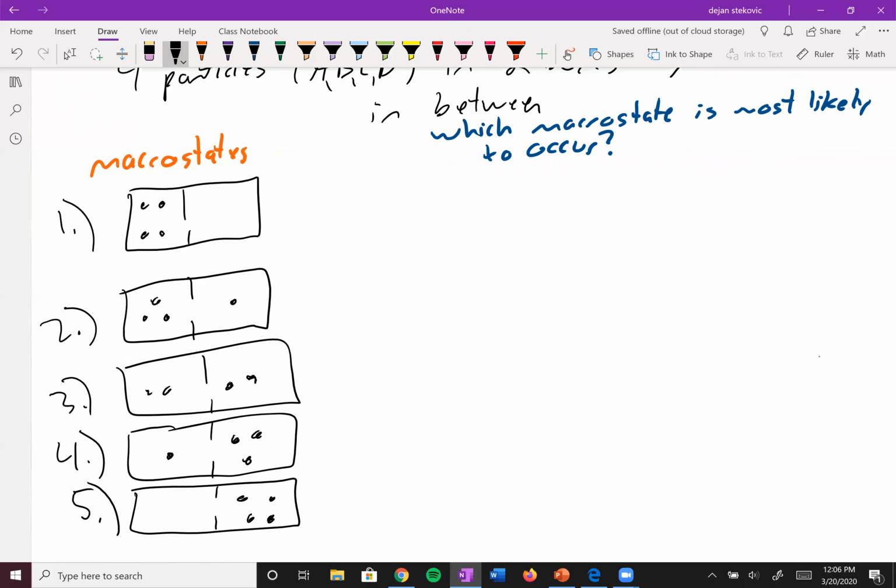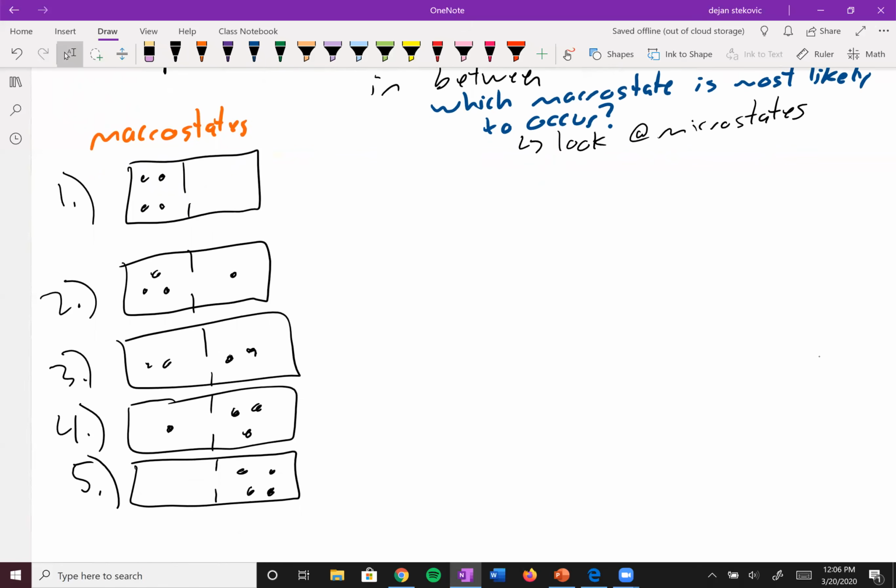And in order to answer this question, we have to look at the microstates. So pretend you're a gambler, you're gambling on here, you put down $1,000 or something, and you have to pick one of these and say, which one of these is the most likely to occur? So you have to look at the different combinations in which they could occur.